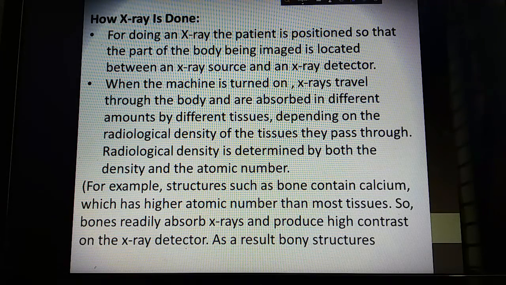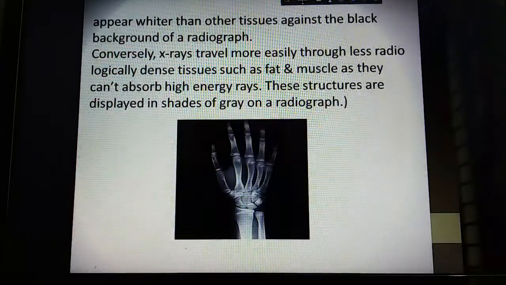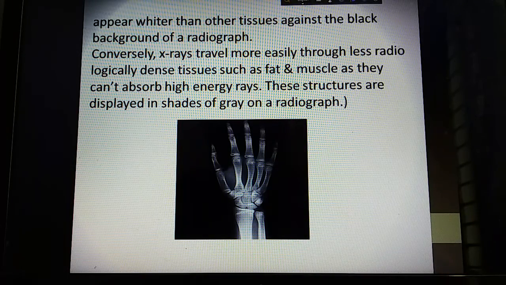So bones readily absorb X-rays and produce high contrast on the X-ray detector. As the bones' radiological density is higher than other tissues and other portions of the body, they absorb more X-rays, and so they produce high contrast on the X-ray detector. As a result, the bony structures appear whiter.